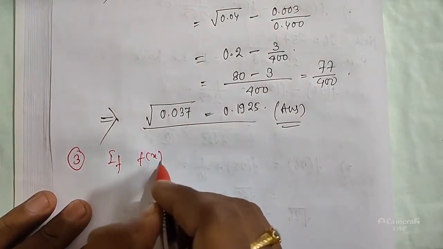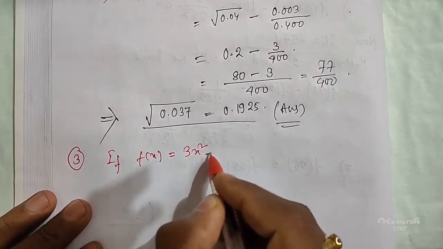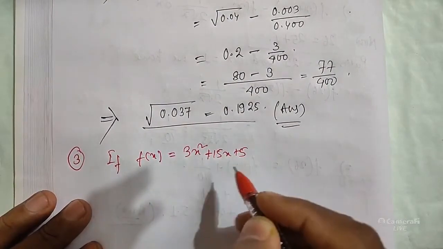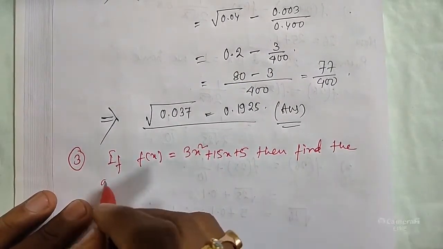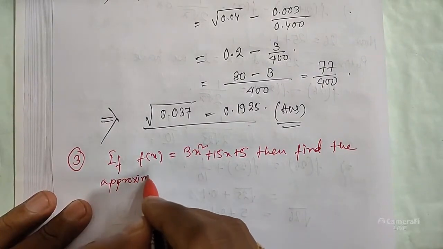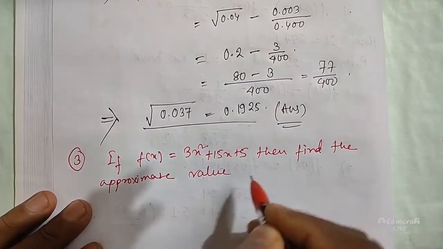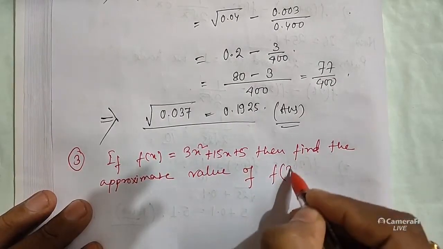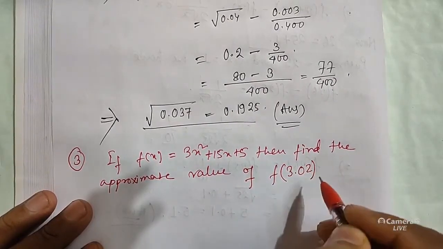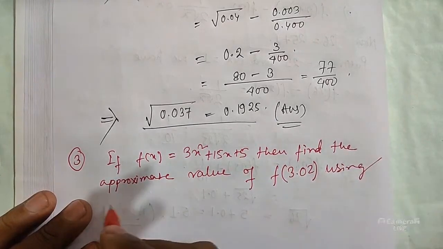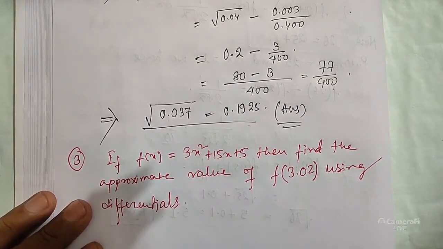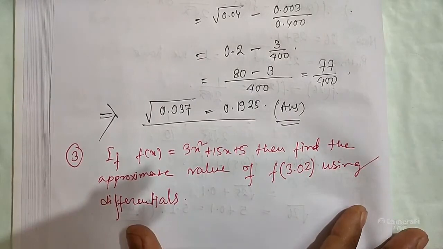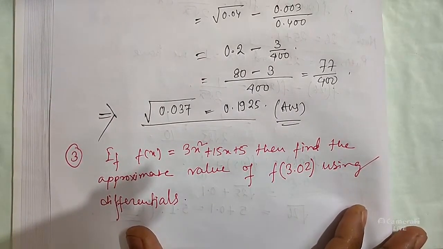If f(x) equals 3x square plus 15x plus 5, then find the approximate value of f(3.02) using differentials. f(x) is given and using differentials we have to find the value of f(3.02).